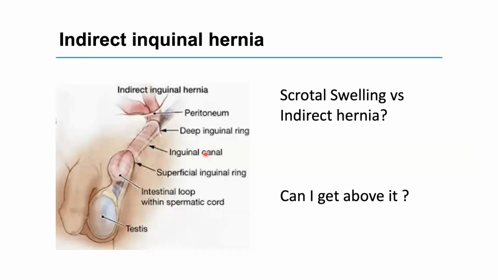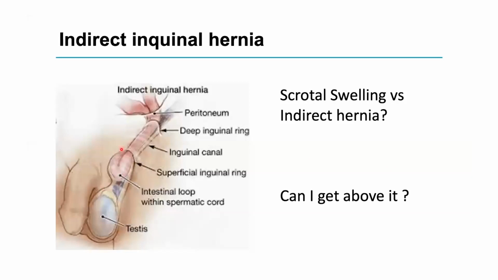One important thing, the big thing with indirect inguinal hernia, is it can extend in males into the scrotum. If the hernia extends into the scrotum, then by definition, it is indirect. And the classic clinical examination is, can I get above it? In other words, can I pinch my fingers above a swelling here?